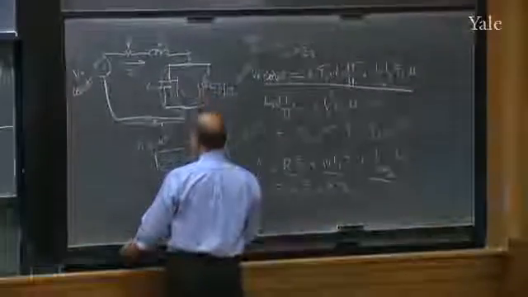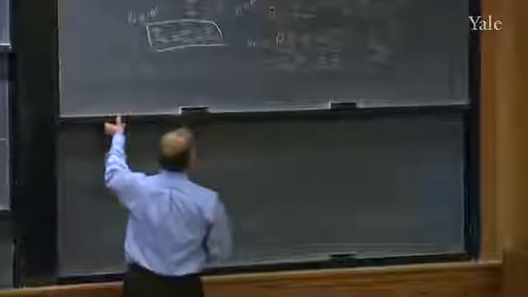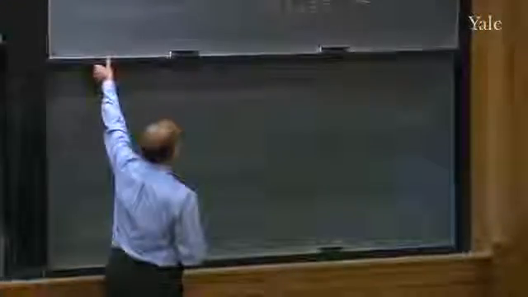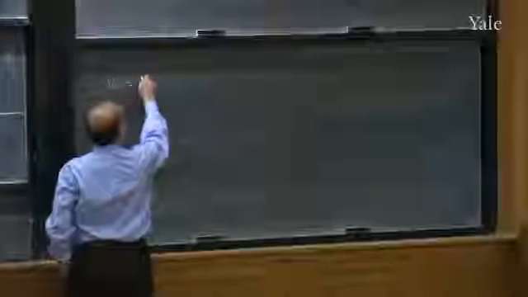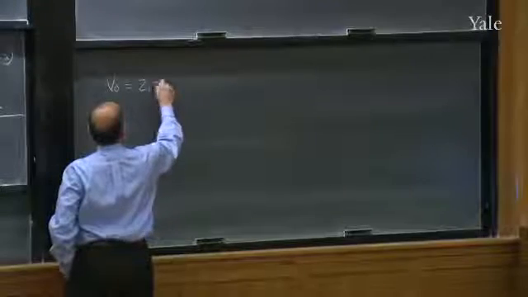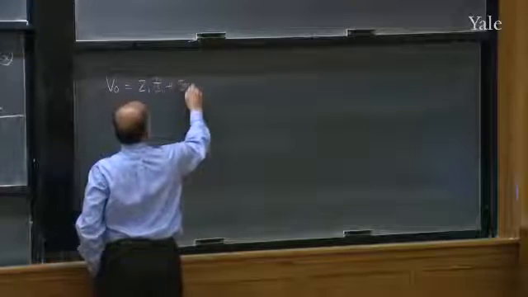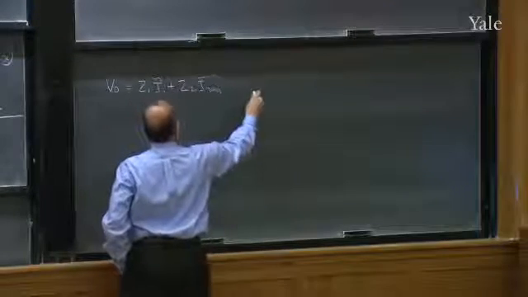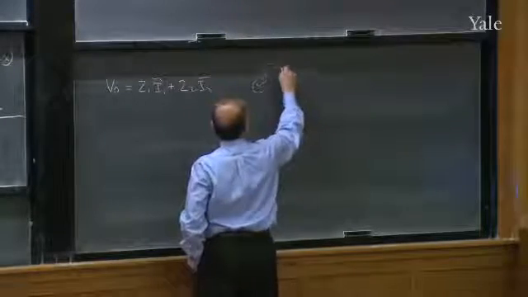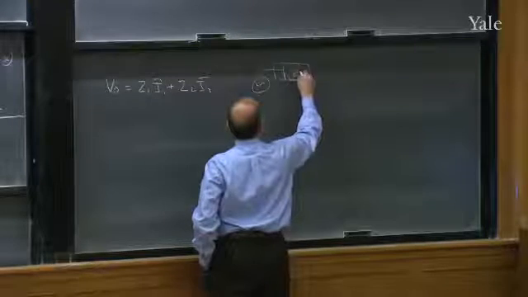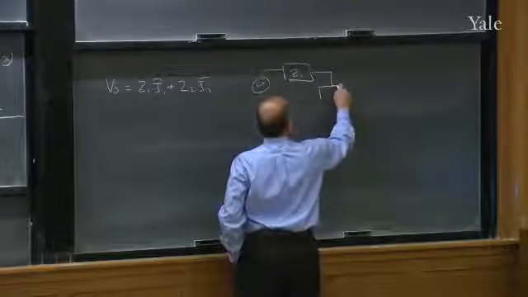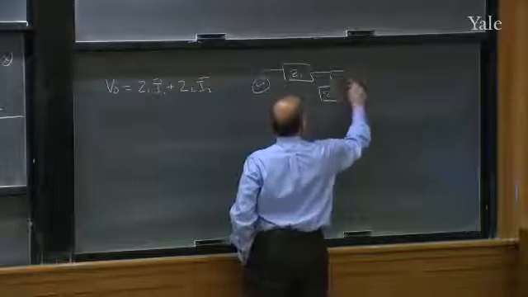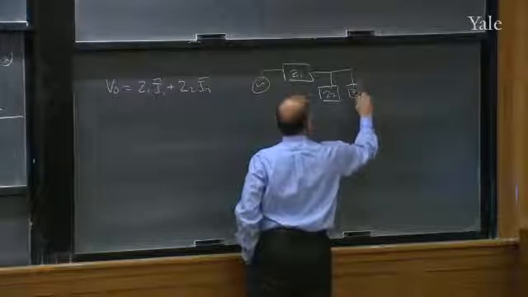In other words, let me just write it below this here. The equation we get is V naught is equal to Z1 times I1 twiddle plus Z2 times I2 twiddle. So the problem will look like this. Just put some black box here, Z1, another black box, Z2, another black box, Z3.